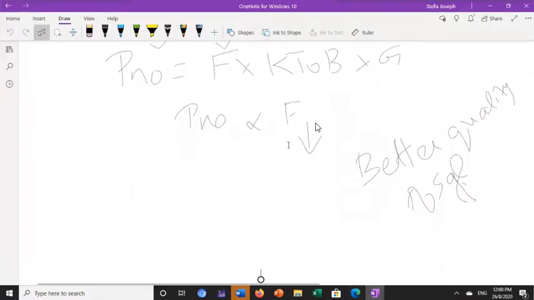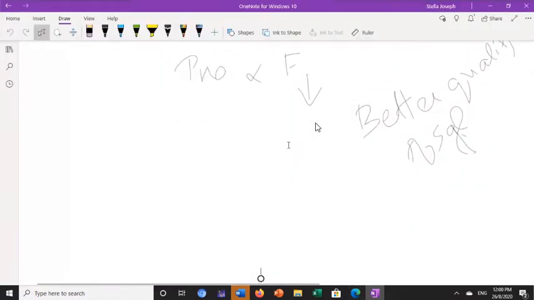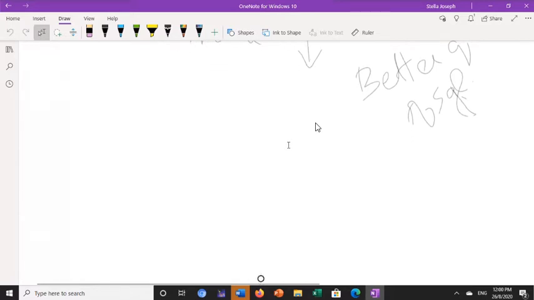Okay. Next topic. Put the heading: noise factor in terms of noise resistance.